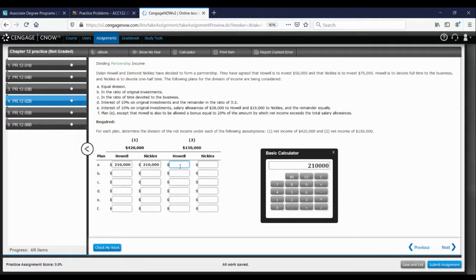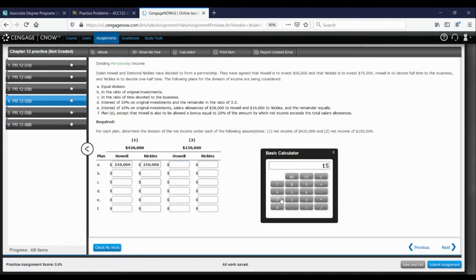Notice the second part also has the same two partners. The second part, the net income this time, is going to be $150,000. So we're treating this like it's a separate problem.